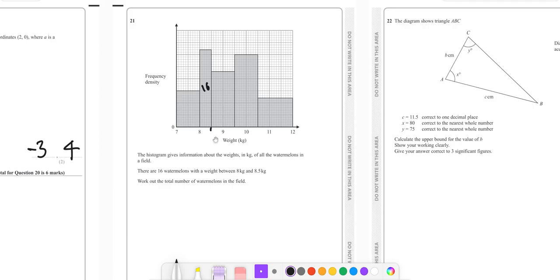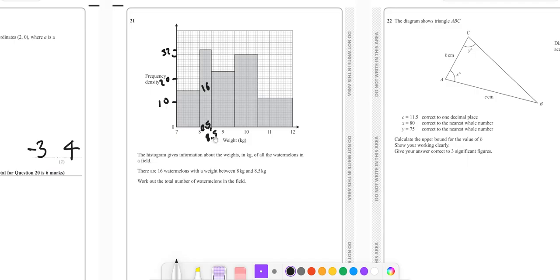The width of this is 0.5, so to give an area of 16, the height must be 32. So they've actually made it quite nice, because then that's each individual square. So that's 10, 20, 30, exactly.